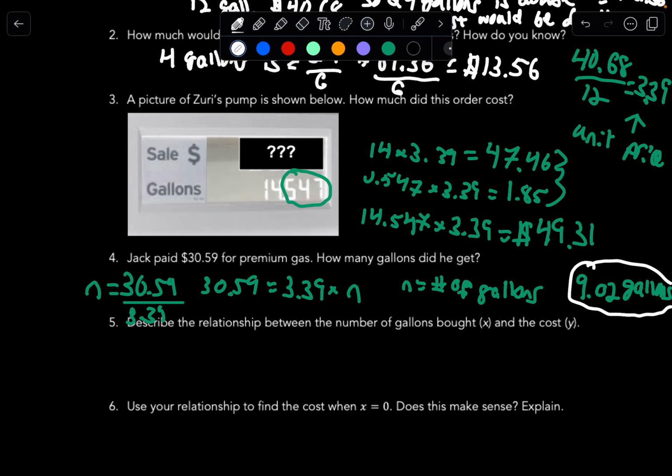So describe the relationship between the cost, Y, and the number of gallons bought, X. Well, they're trying to get you to write an equation.